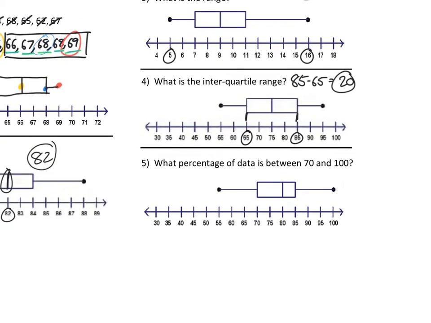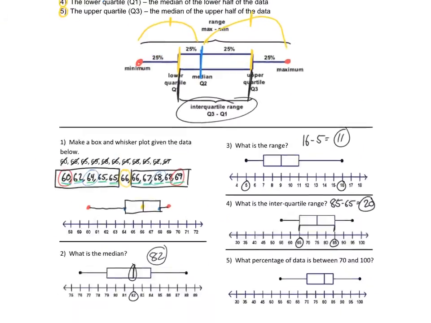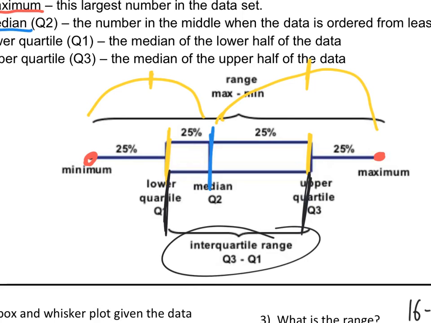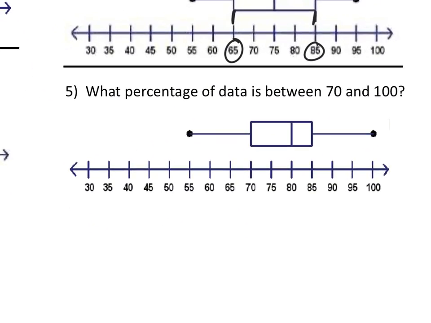And number 5 says, what percentage of the data is between 70 and 100. Again, I'm going to go back to the first example for just a minute. Take a look here. We show 25% for each section of our box and whiskers plot. So coming down here on number 5, this section right here is 25%.